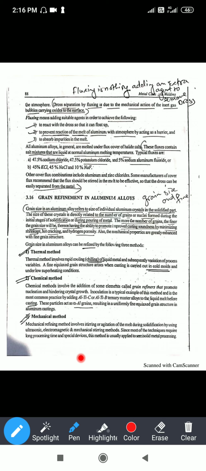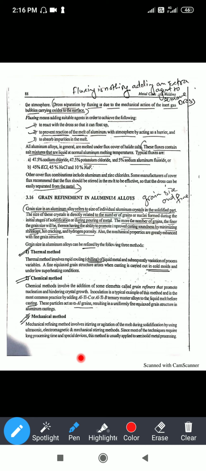Okay, the other cover flux constituents include aluminum and zinc chloride. Some manufacturers of cover flux recommend that the flux should be stirred into the melt to be effective, so that the dross can be easily separated from the metal. So it is put into the liquid metal and stirred. Now let us see the stirring of the casting.